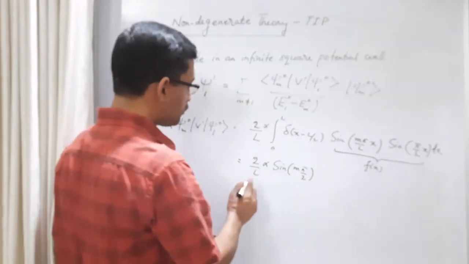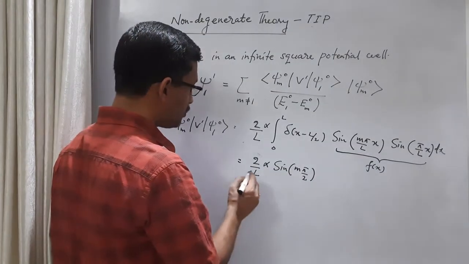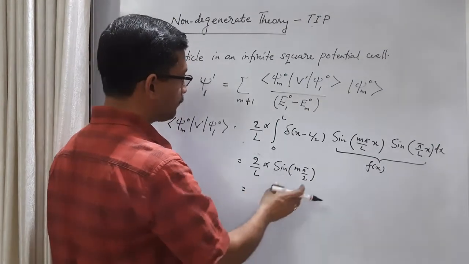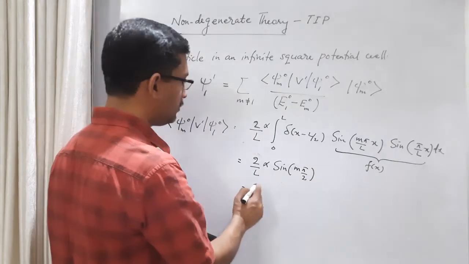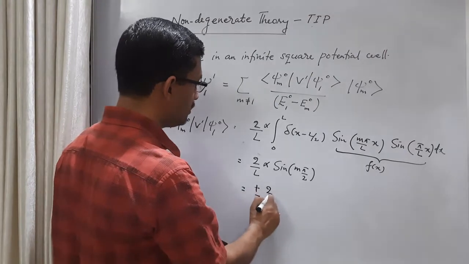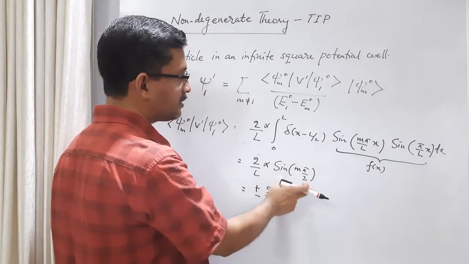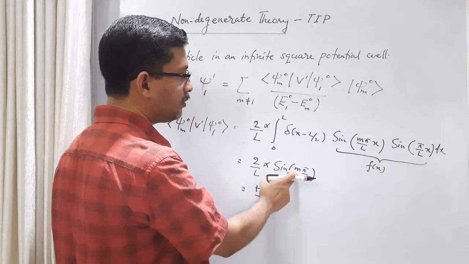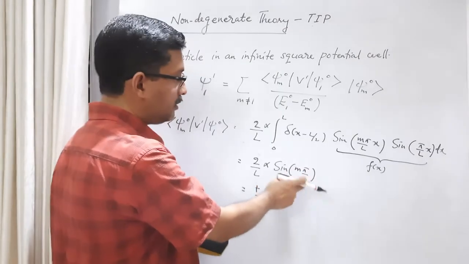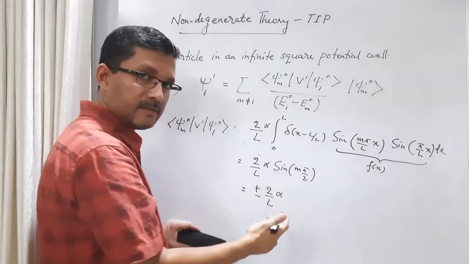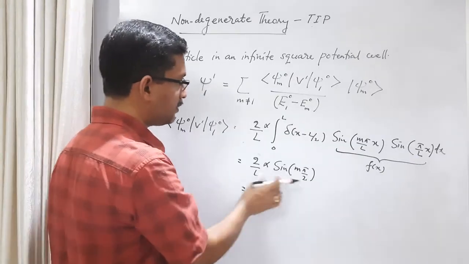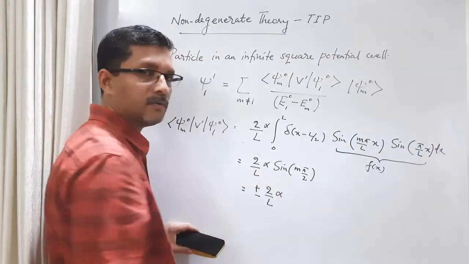For odd values, it is either plus or minus 1. For example, m equal to 1, we get sin pi by 2, which is plus 1. M equal to 3, sin 3 pi by 2 is minus 1, like that. So it is plus or minus 1, so we have plus or minus 2 by L into alpha.